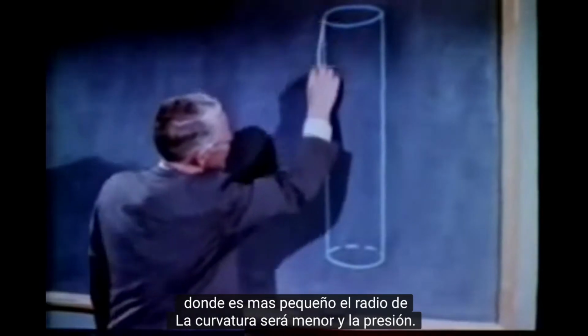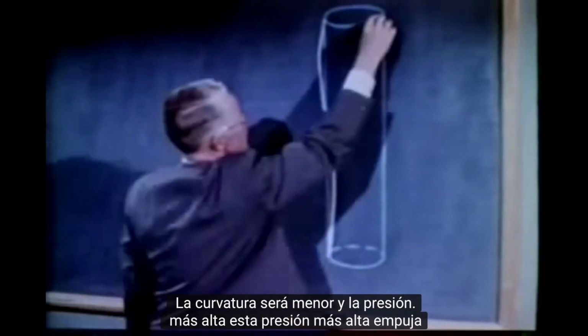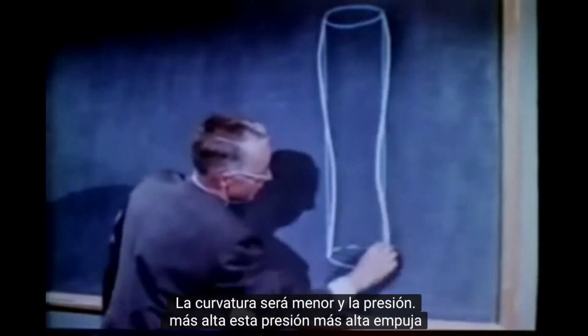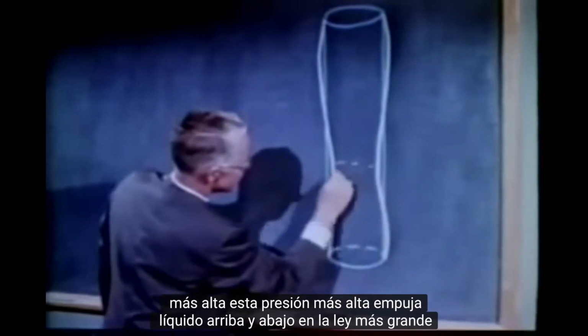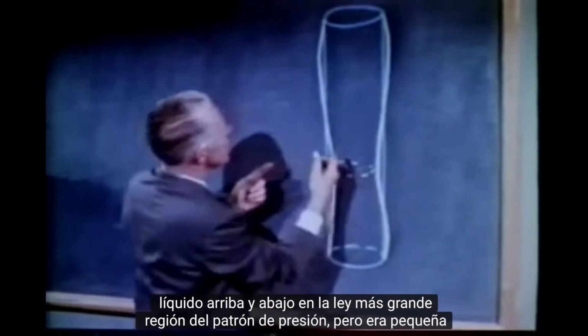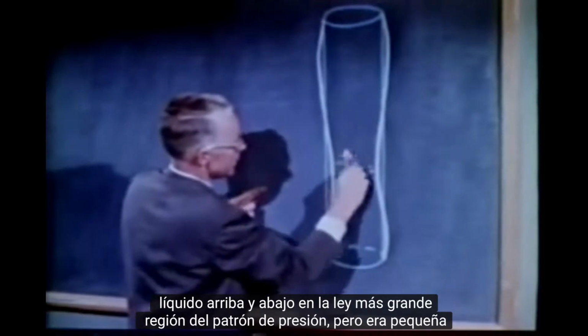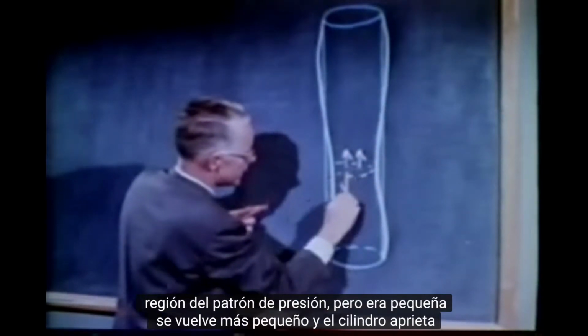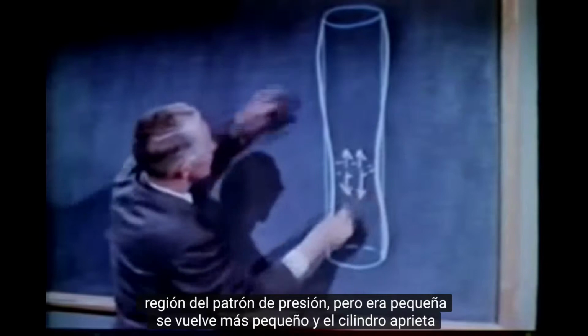This higher pressure pushes liquid up and down into the larger, lower pressure, fatter region. What was small becomes smaller, and the cylinder pinches off into a set of drops.